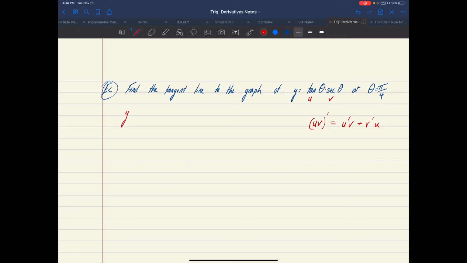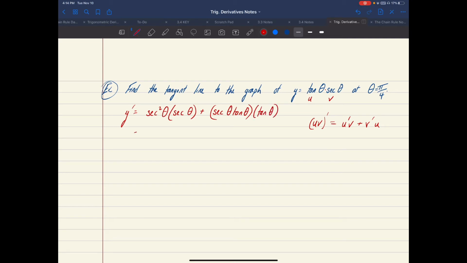If we have y prime, it's going to be the derivative of u, which is the derivative of tangent, secant squared, times v. V is secant. Then we're going to add that to v prime, which is secant tangent, multiplied by u, which is tangent.